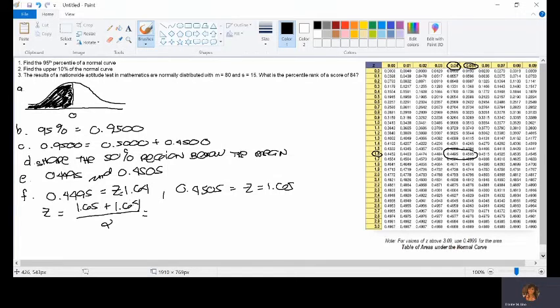This is how you find the average of your two z values. That will give us an answer of 1.645.